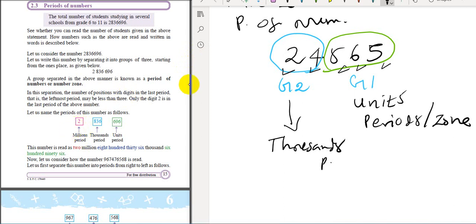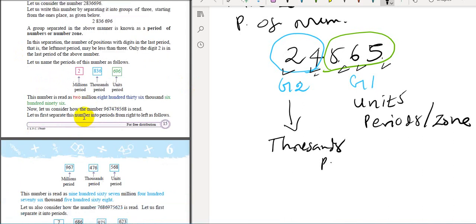Now we can read this number very easily. Ones, tens, so 65. Here hundreds, 500s, so 565. This group is thousands, so we can call 24,000. Okay, 24,565.